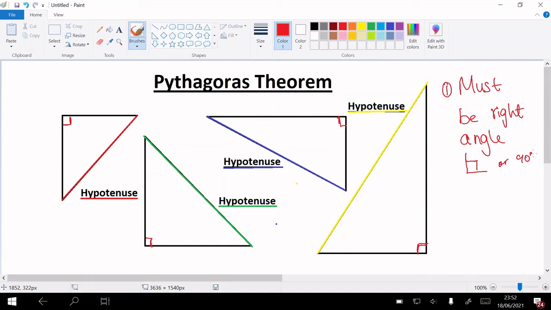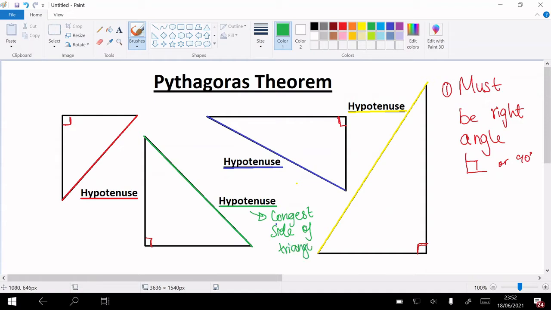Perfect. Now here's the thing. How do you identify which sides are which? The side that is longest would always be the hypotenuse. There are a couple of things you will need to know regarding the hypotenuse. Just going to use this one as an example. It is always the longest side of the triangle.